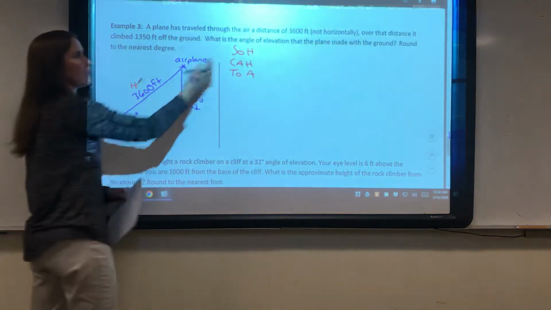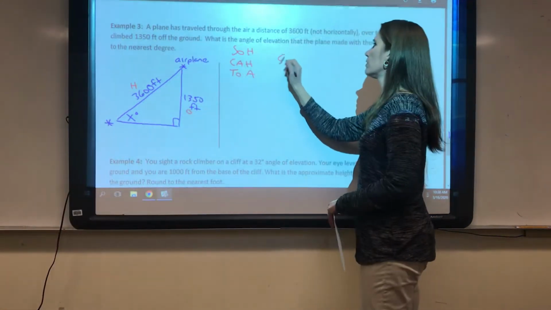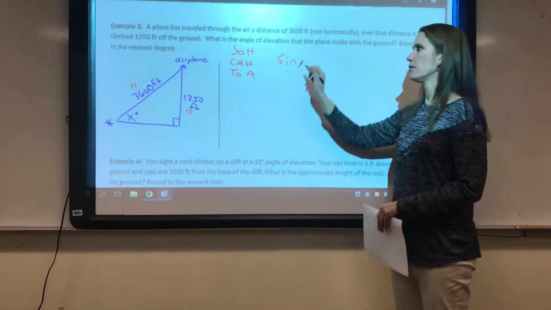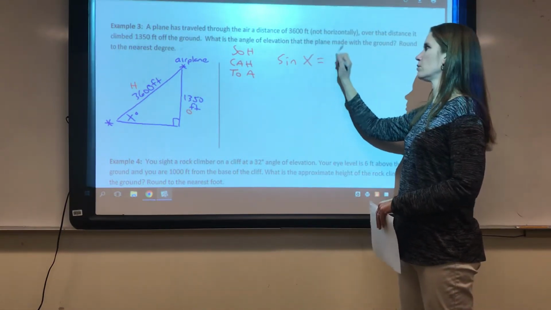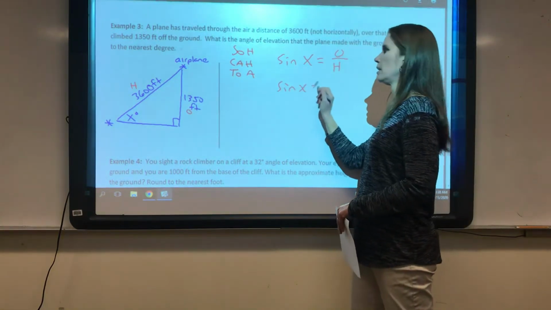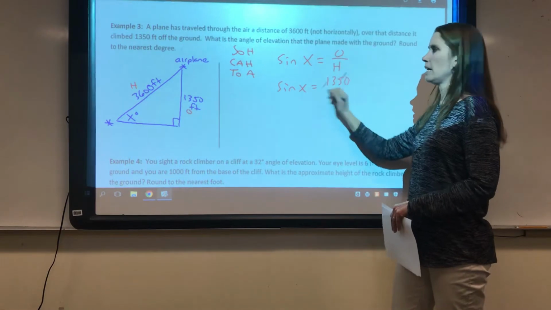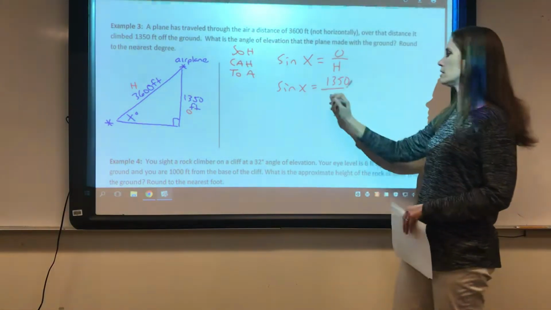So O and H means we're going to use sine. So we've got sine of the angle that we don't know is equal to O over H. Again, I can plug in what I know. My opposite is 1,350, and my hypotenuse is 3,600.